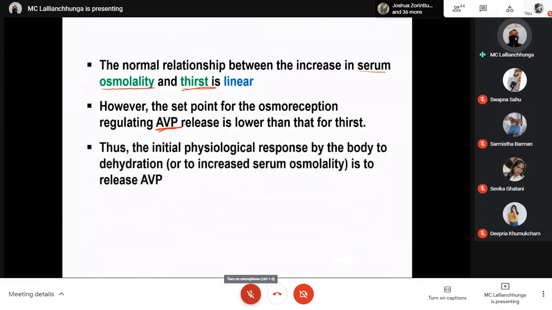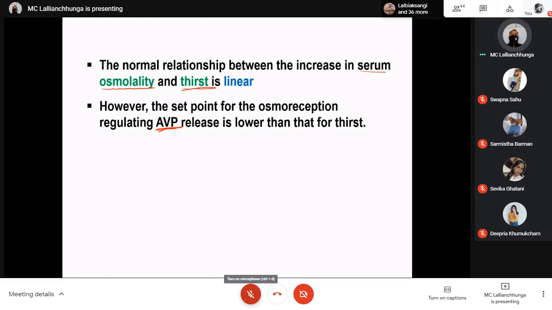Okay, arginine vasopressin. What is the other name of arginine vasopressin? ADH. Yes, it is ADH. So don't get confused. Sometimes I may say ADH, sometimes I may say AVP.